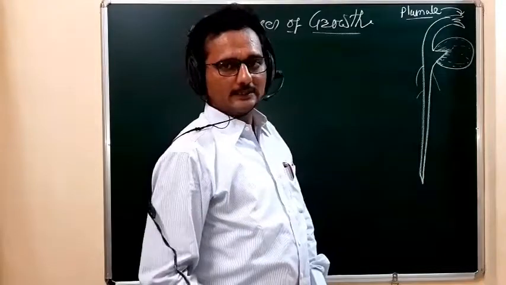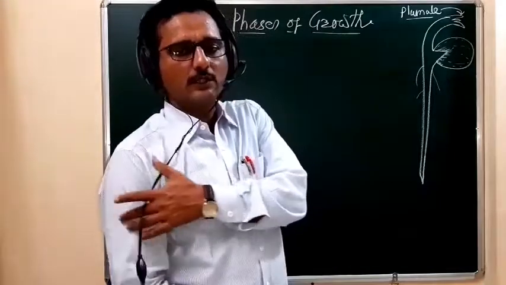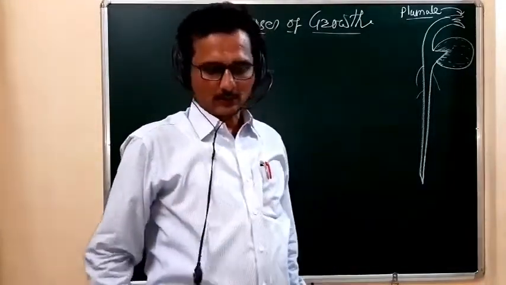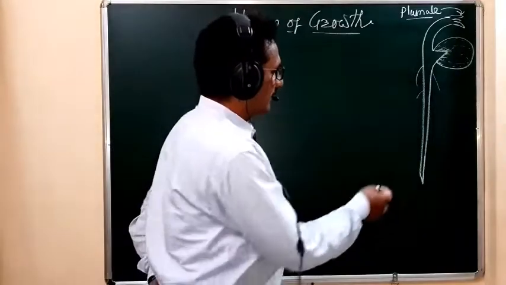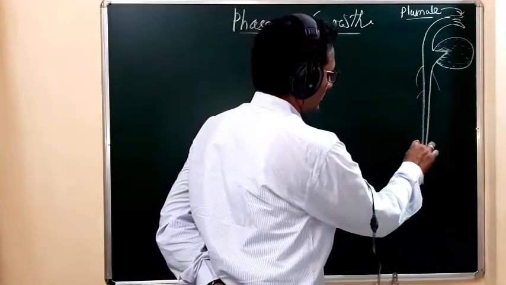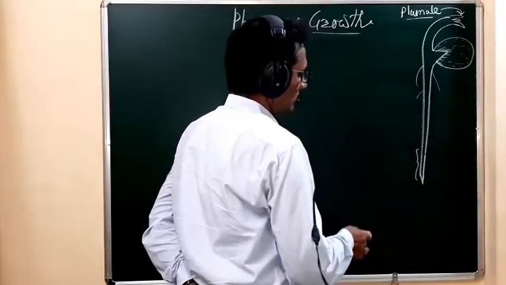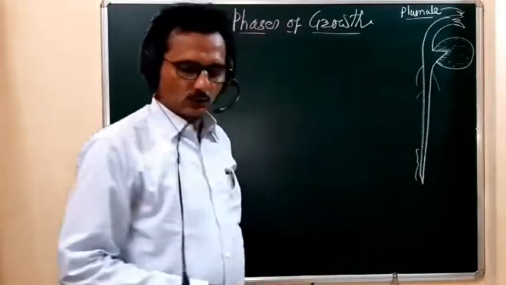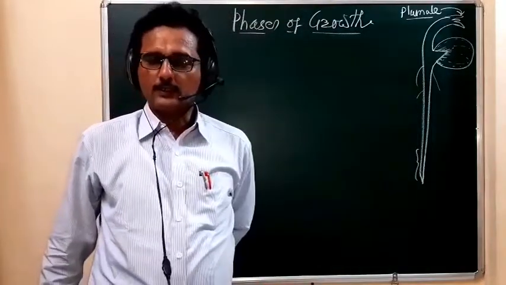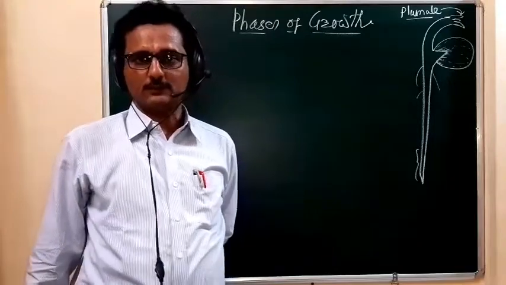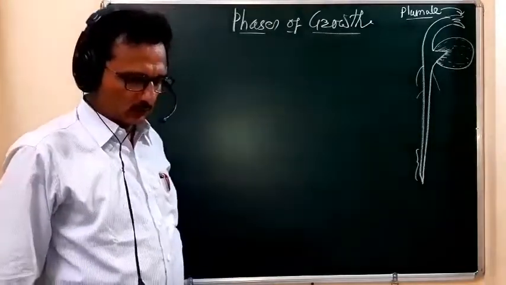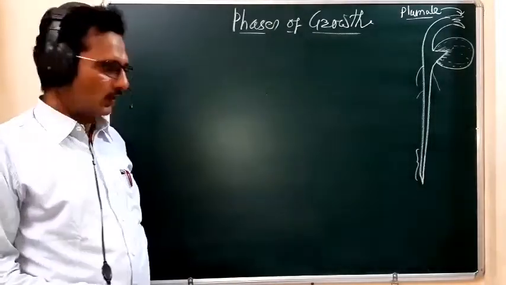Then in this we observe the various phases of growth. Toward the tip of the radicle, what we observe is the first phase of growth. It is also called the region of cell division, or the region of cell formation.